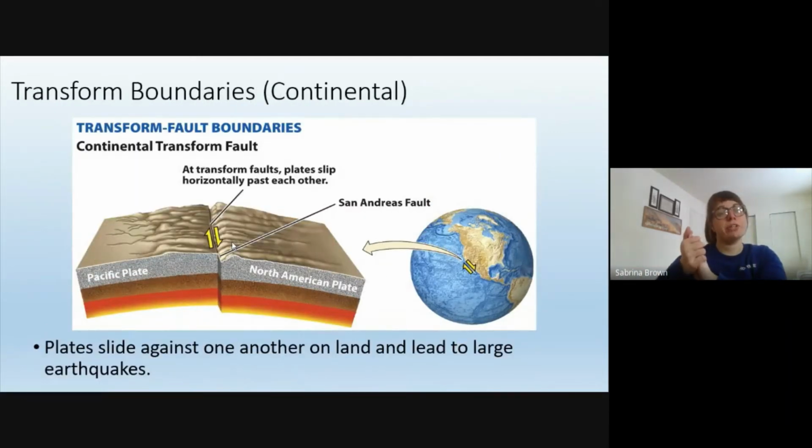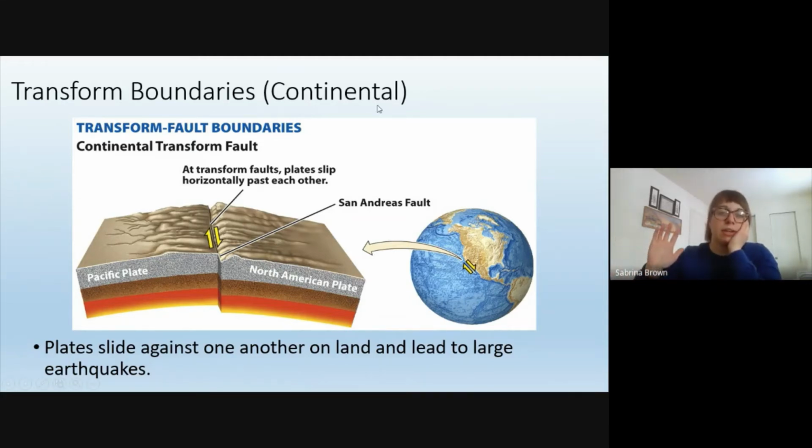And then at our transform boundaries, again, this is where we have two plates sliding against one another. This is generally on land when we're talking about transform fault boundaries, and continent. Well, obviously, this is an example of continental. Sorry, I didn't read that part.